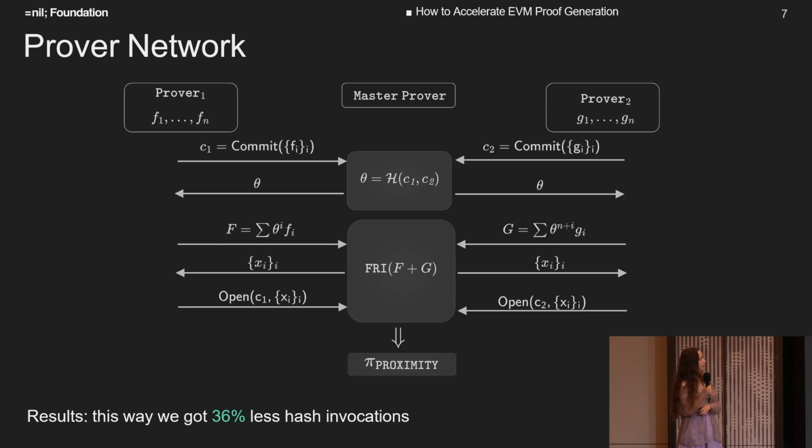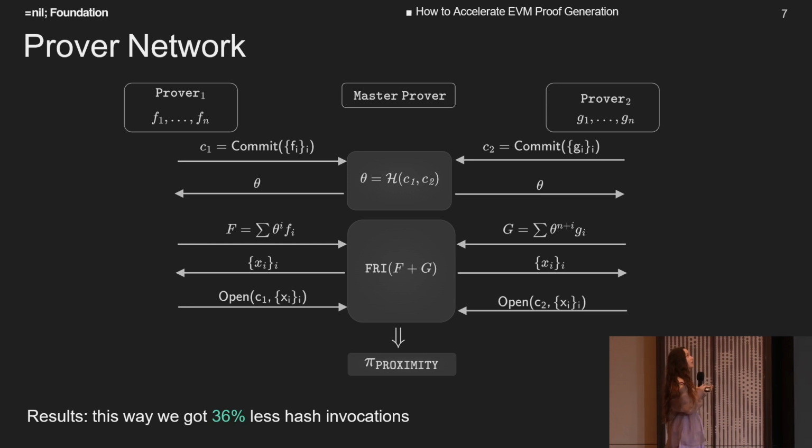So the question is, if you have multiple provers, does it also mean that each prover follows a certain order because everyone uses different powers of theta? Yes, we actually have an order of provers, and it's not a centralized network.